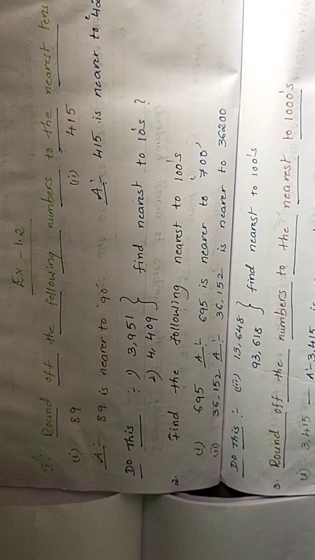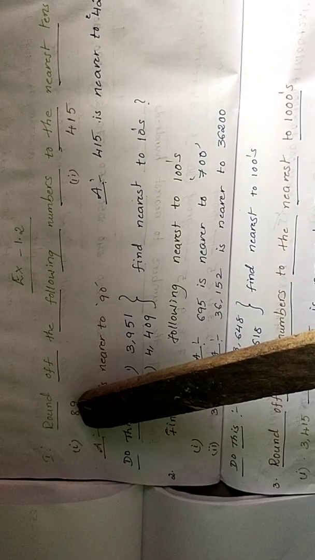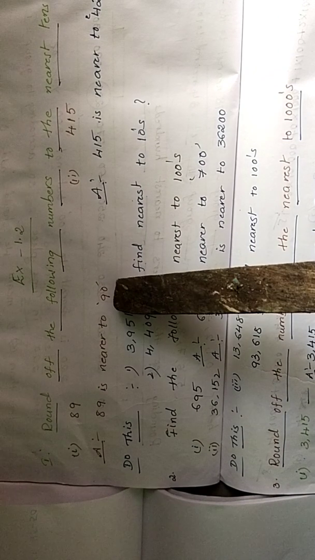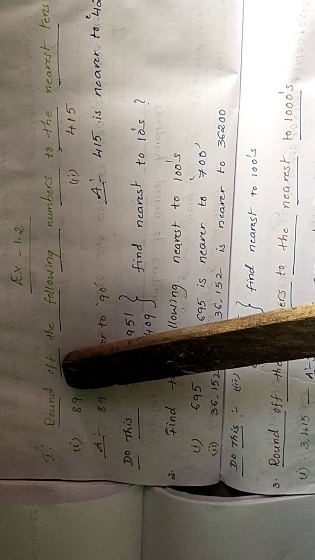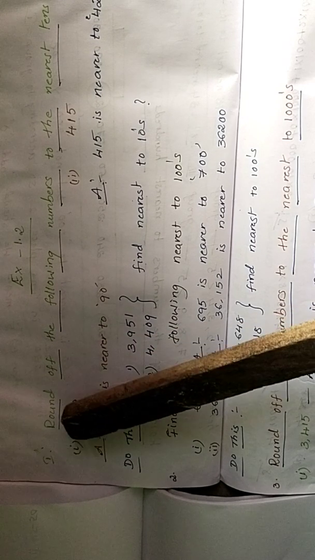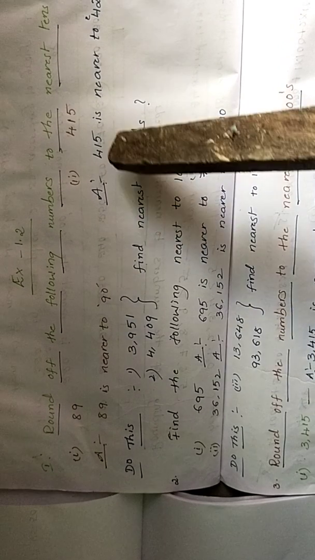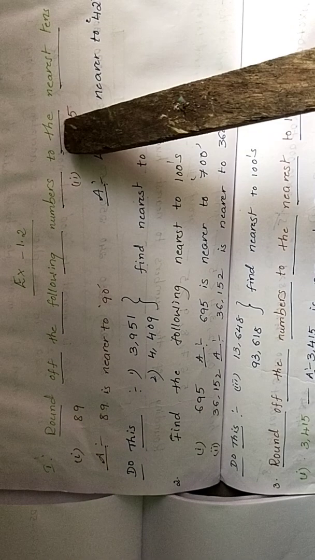What is the number nearer to 89? I already told you, 89 is nearer to 80 or 90? 90 only. Why? Because 8 is followed by 9. So 9 is greater than 5. So 1 should be added to 8 and 9 will become 0. 90.